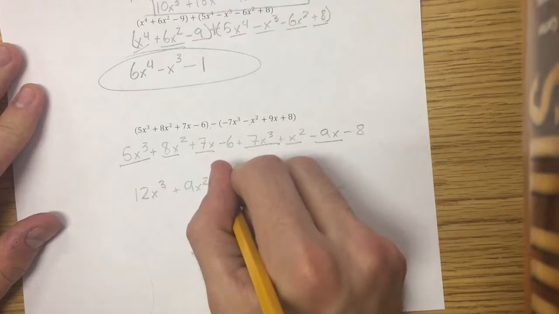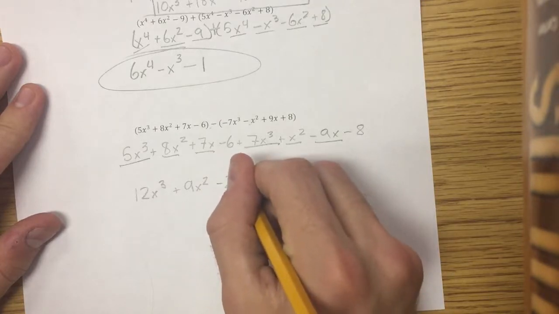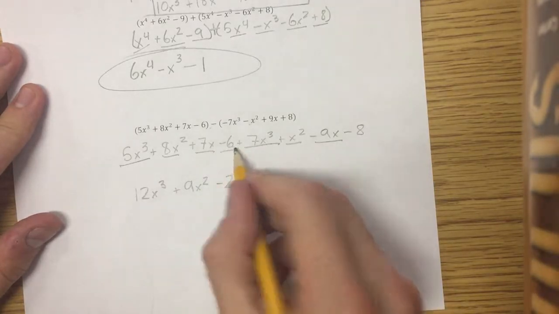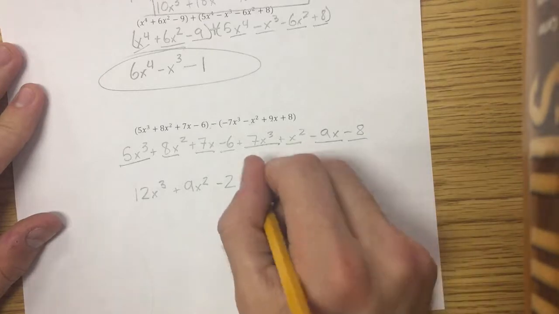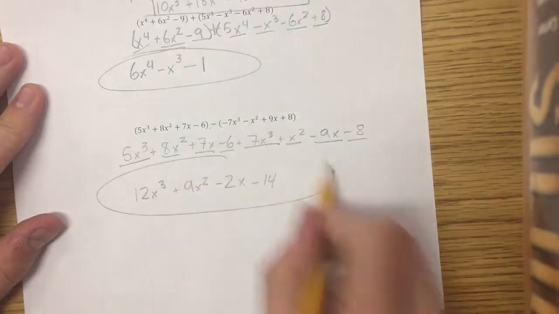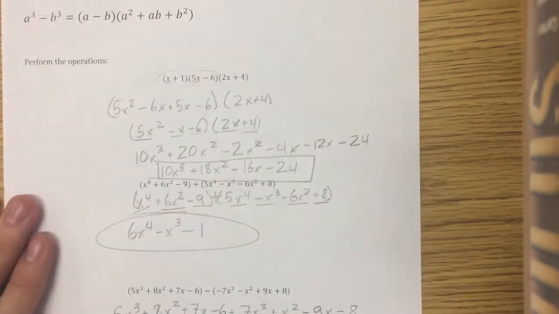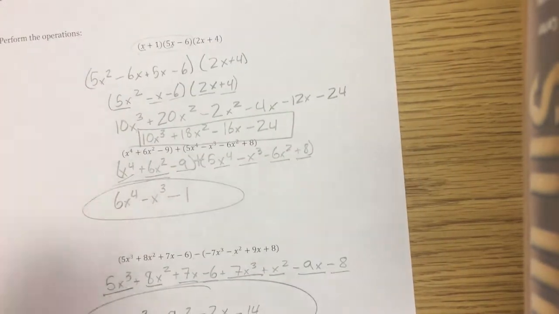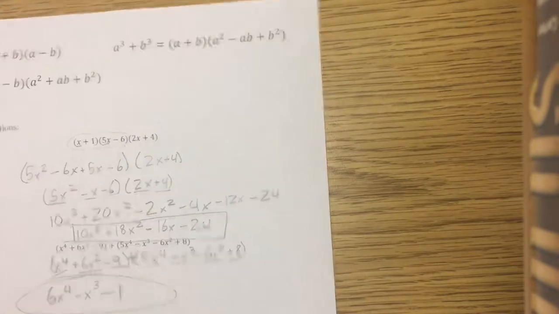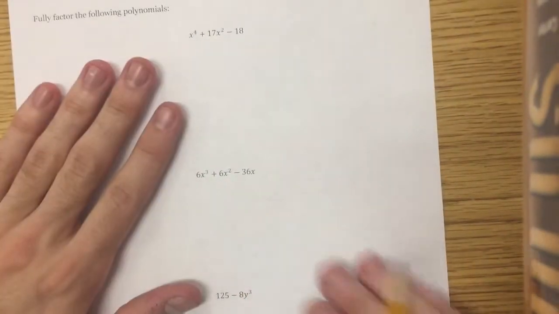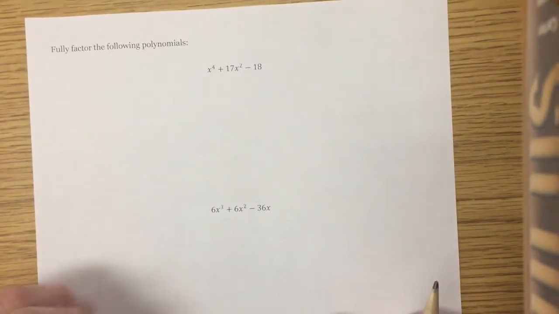That's minus 2x, because 7 minus 9 is negative 2, and negative 6 and negative 8 is negative 14. So there's our answer. All right, so those are our polynomial operations, multiplication, addition, and we just did subtraction in this video. And now we're going to do some factoring of polynomials.